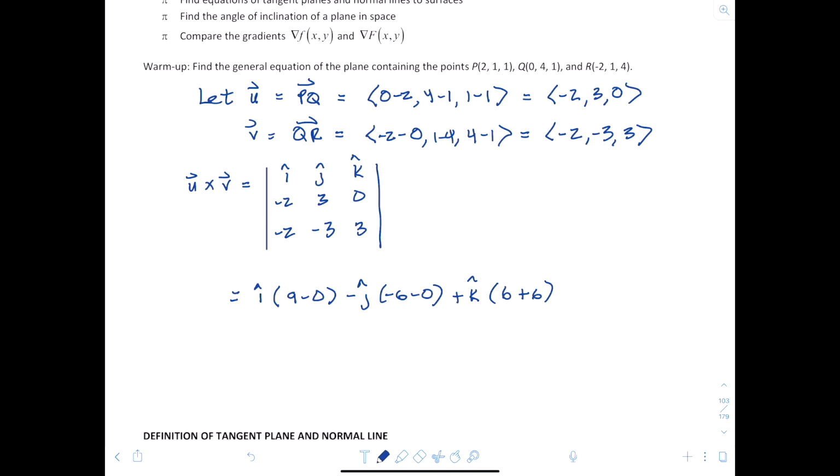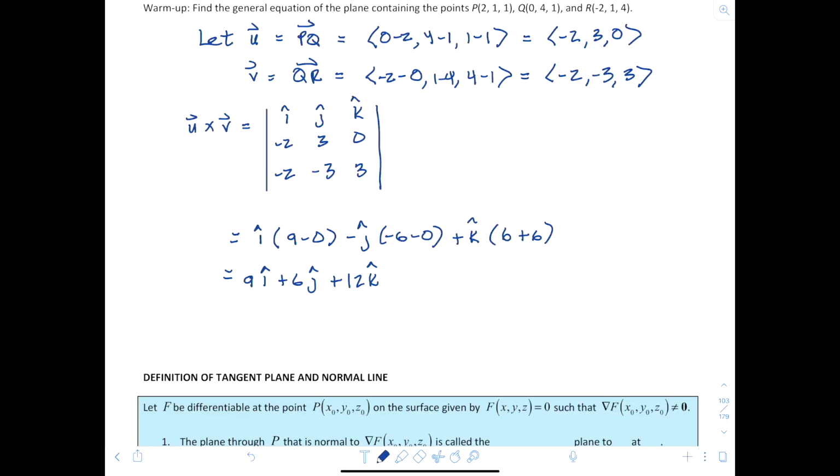All right, so that will be 9i plus 6j and then plus 12k. So that would end up being what? In component form, <9, 6, 12>, which if we factor out a 3, would just give us <3, 2, 4>.